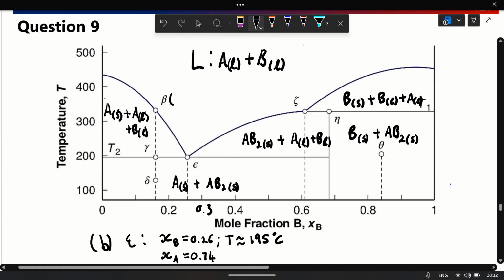So the number of components here: beta is on a line, so we must look at both sides of the line. In other words, what is on both sides of the liquidus curve? We see we have A as a liquid, B as a liquid on both sides, and A as a solid. So there are three chemically distinct species, if we count A as a liquid and A as a solid as two chemically distinct species, which we probably can.